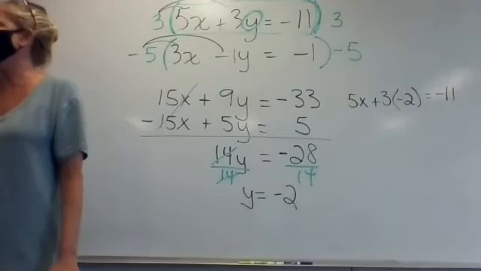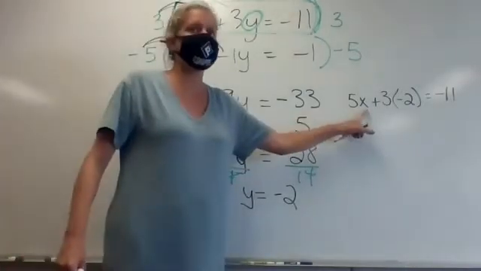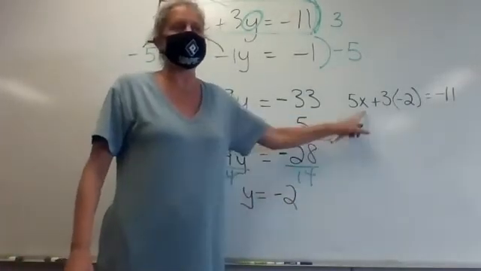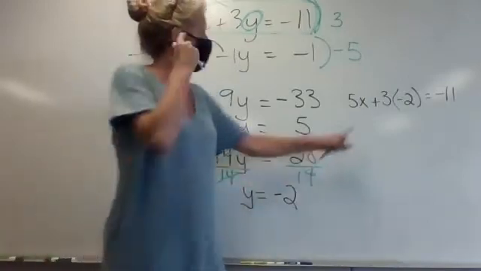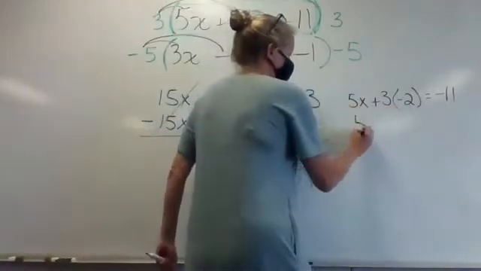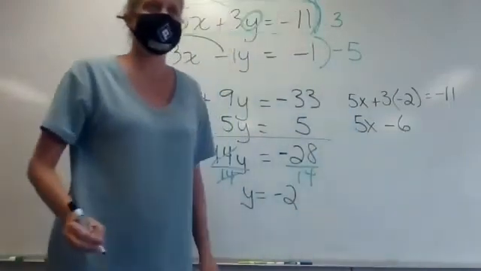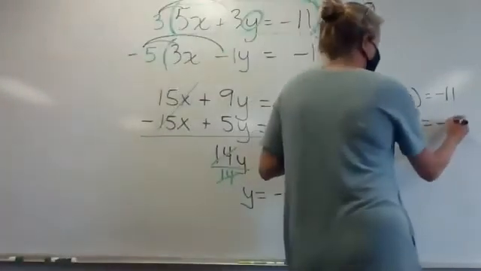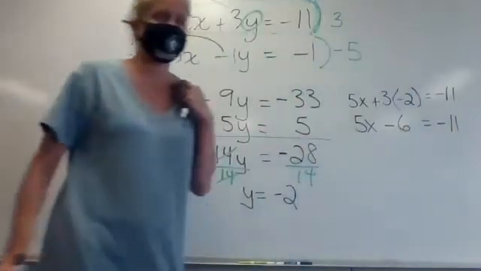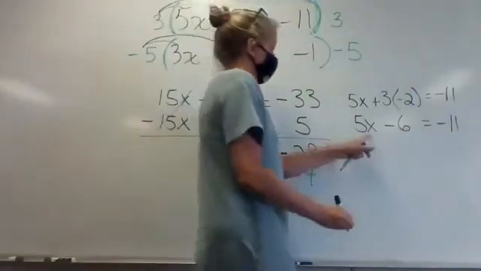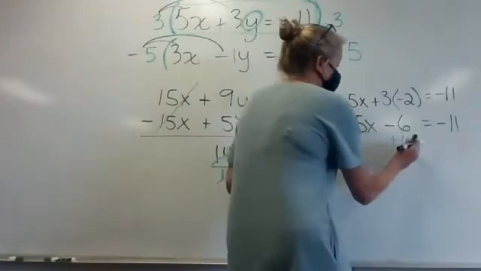So now look at your only unknown variable. It's an x, which is what I'm needing, right? I've already got the y, I need the x. So let's solve it. I'll have 5x. 3 times negative 2 gives me negative 6. Equals negative 11. Solving for x, so add the 6 to both sides.